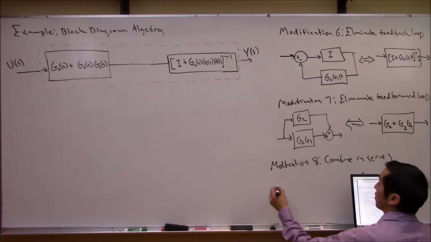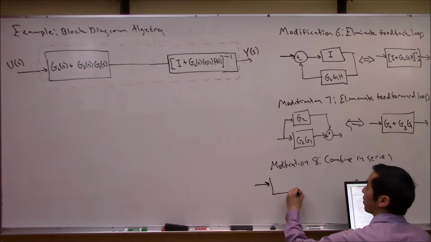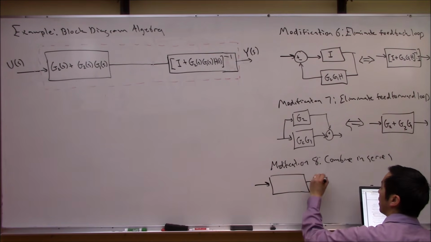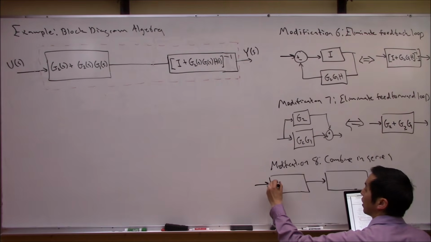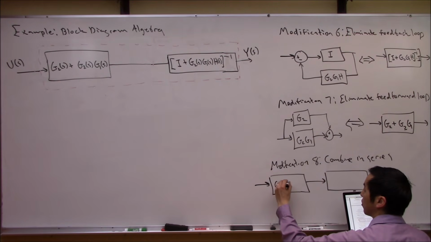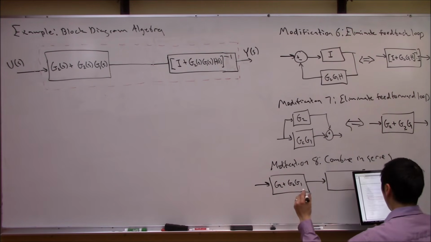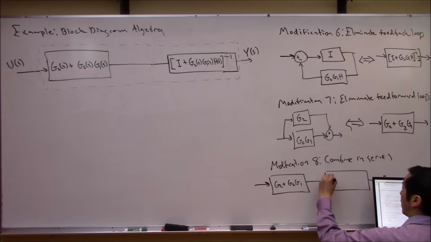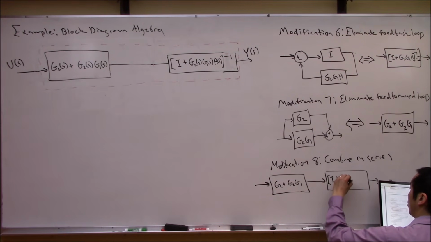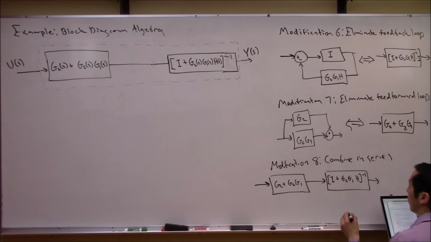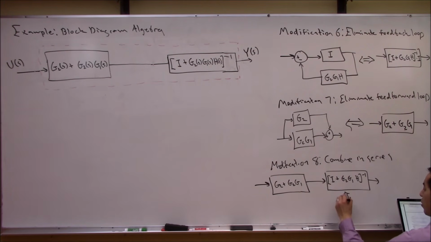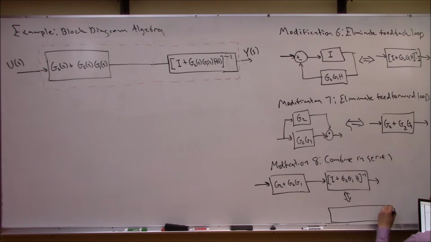Just to be consistent with how we've been doing this, let me redraw the section inside the red dashed line. So we've got a G2 plus G2, G1, followed with an identity plus G2, G1H inverse, right? And we said that this thing is exactly equivalent to a single block.